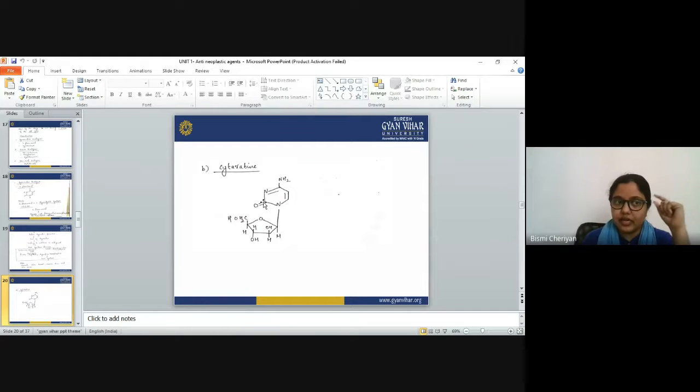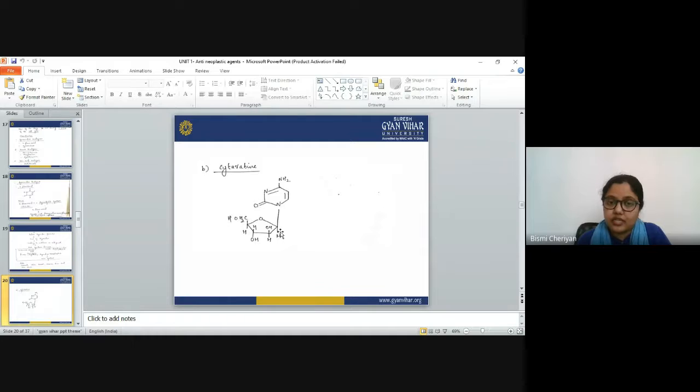That is the same as in 5-fluorouracil. Okay, and this third nitrogen atom of the pyrimidine ring is attached with an arabinose sugar. Okay, arabinose means arabin, cytarabine. So one sugar moiety, a 5-membered pentose sugar moiety, is attached to the third nitrogen atom of the pyrimidine ring. So please write it down.